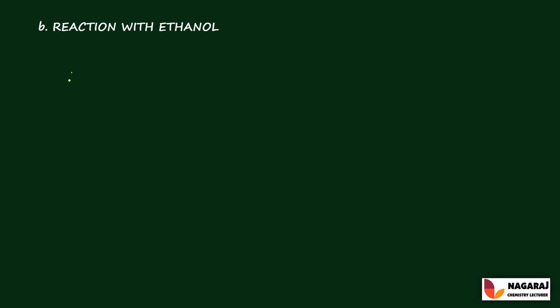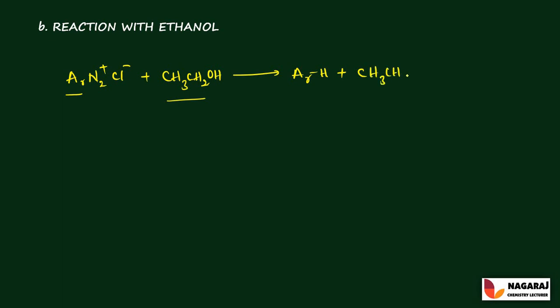The aryl diazonium chloride, ArN2+Cl-, is treated with ethanol, CH3CH2OH. The aryl group combines with hydrogen, it gives Ar-H, plus the alcohol is converted into aldehyde, CH3CHO, and nitrogen gas is eliminated as N2, and the Cl combines with hydrogen to give HCl.